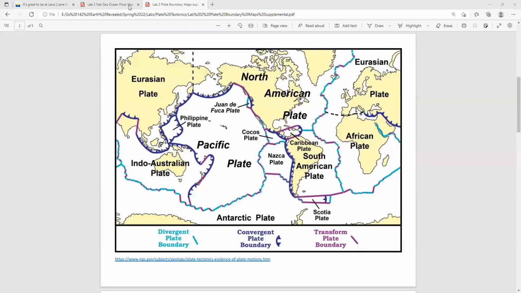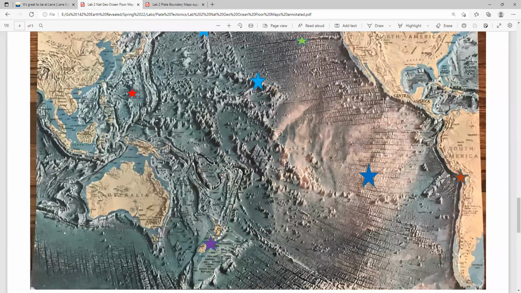Okay, so let me stop share and go back in. Okay, way over here on the right side of the map. Okay, there's South America, most definitely a continent. And here is the Nazca Plate. Here's the mid-ocean ridge, Pacific to the northwest, Nazca over on this side.